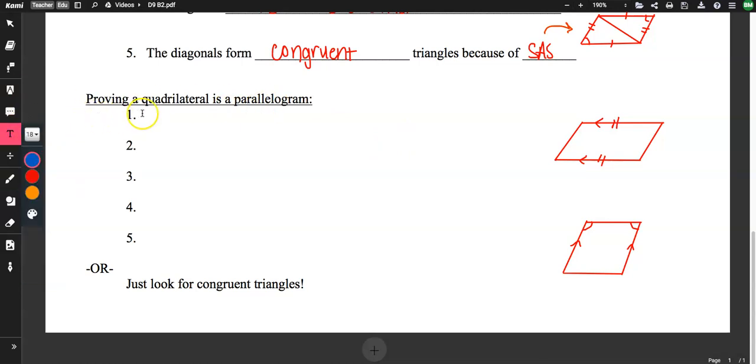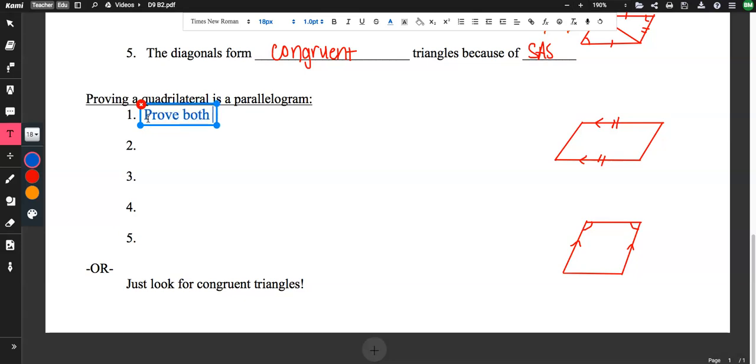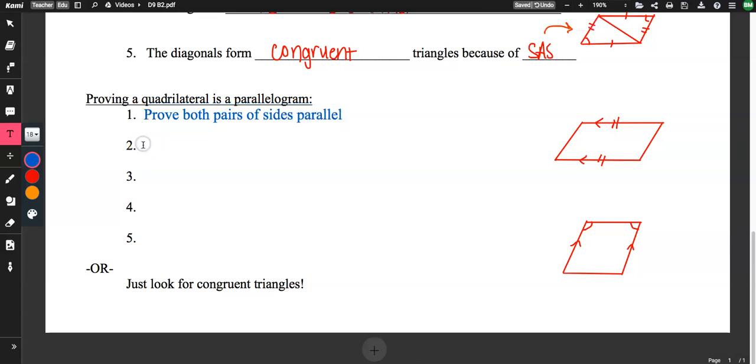So if you're trying to prove that a quadrilateral is a parallelogram, you need to know at least one of these 5 statements. So the first one is to prove both pairs of sides parallel. So if you can show that both pairs of opposite sides are parallel, then you can say it's a parallelogram.